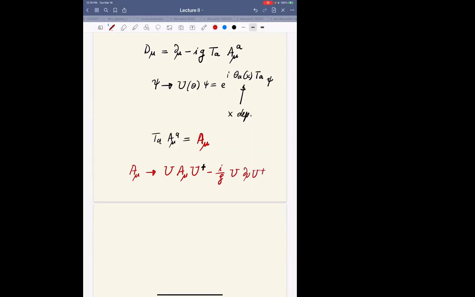This is what you guys have learned, right? Apparently you have done Yang-Mills. Yes. Good. This is the analogy, just like the photon. This, of course, is new.